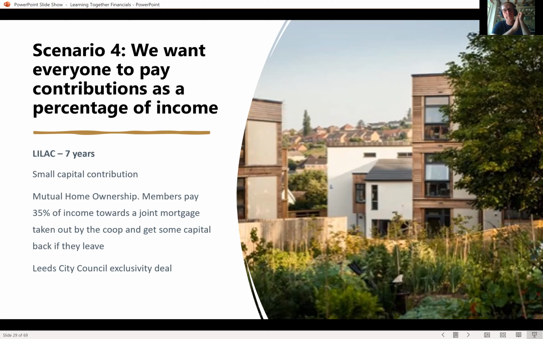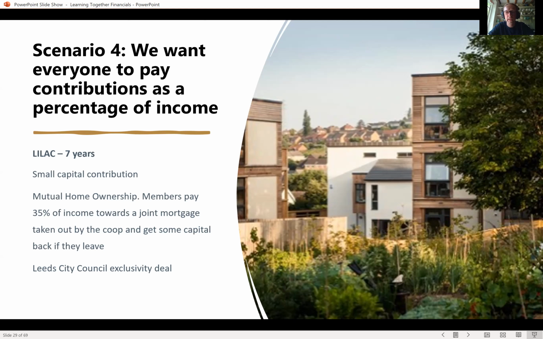The members here are required to pay a very small capital contribution, but they have a mortgage for the whole property, and there's over 20 homes in this development, and each member pays 35% of their income towards a joint mortgage. So this is a very egalitarian project, that no matter how much or little you earn as your income, you'll pay 35% of that. And there's a whole load of complicated financial models behind all that.